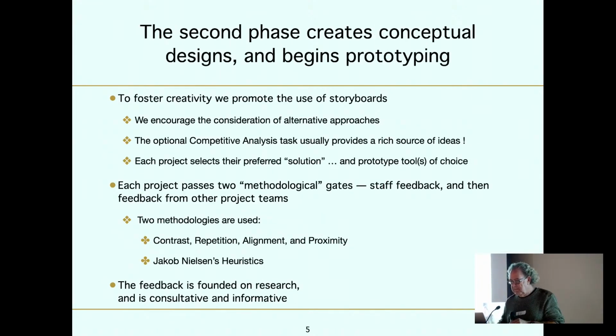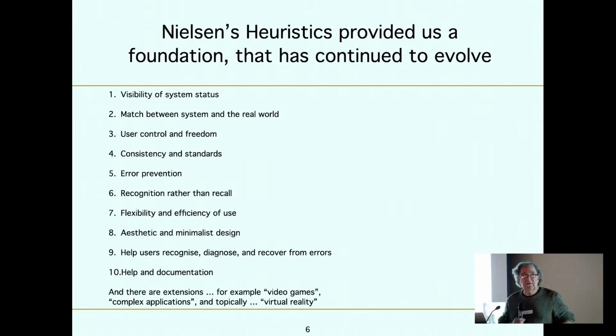I think I did. So Nielsen's heuristics are these kinds of things. Does the app give you, as a user, visibility of the system status? Where you are in the world, what you're trying to do, how far you've progressed through your task. Is there a match between the jargon of the system and what you as a human being talk about?